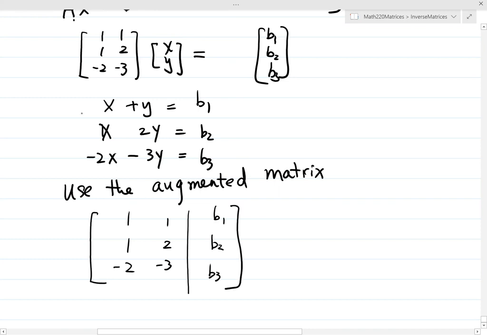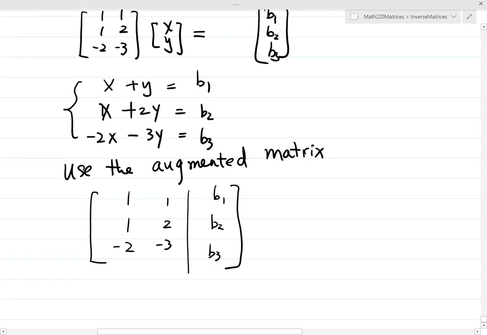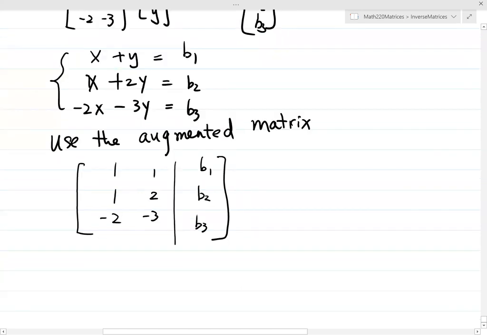Now, if you have a bunch of linear equations, you can add them, add two rows, or do row operations to manipulate them. Now we do row operations.